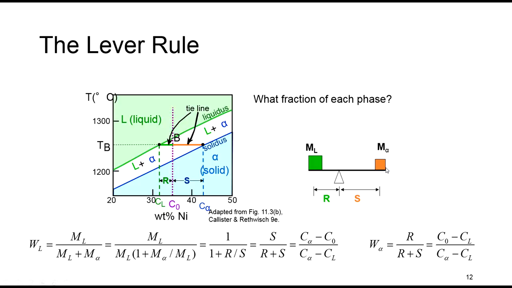You can imagine that the mass of the solid part is here, the mass of the liquid part is here. Of course, with these two arms, we can write down this relation: m alpha times the arm is equal to ml times r. This is the same as the moment that is applied on both sides of this lever.